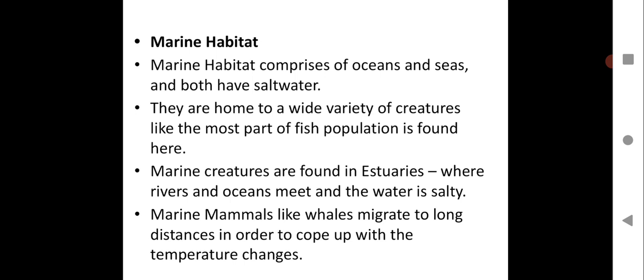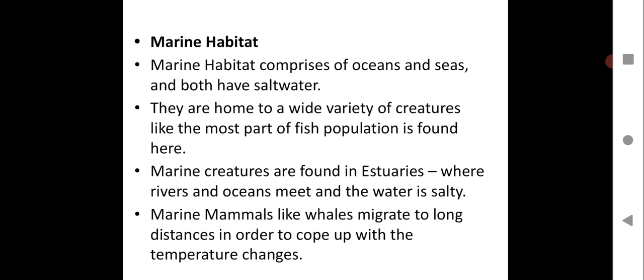So let us see how plants and animals survive in marine habitat or aquatic habitat. Marine habitat comprises oceans and seas, and both have salt water. They are home to a wide variety of creatures, like most of the fish population is found here.